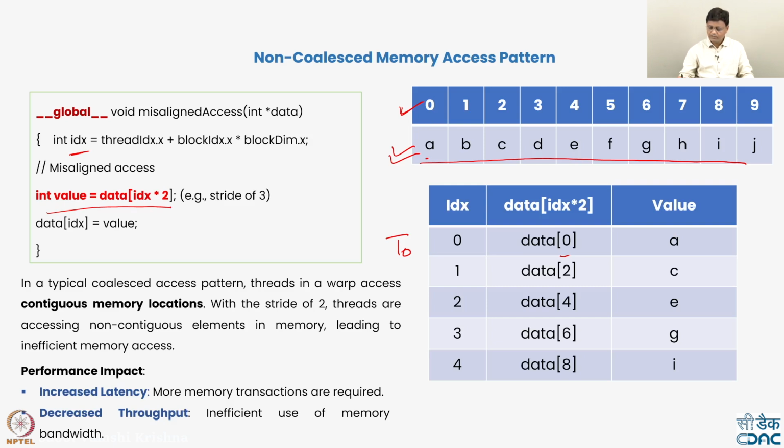Similarly, thread 1 is processing the same set of instructions. Thread 0 is handling this location, and thread 1 goes to its location, finds the value C, brings the value and stores it in the variable.